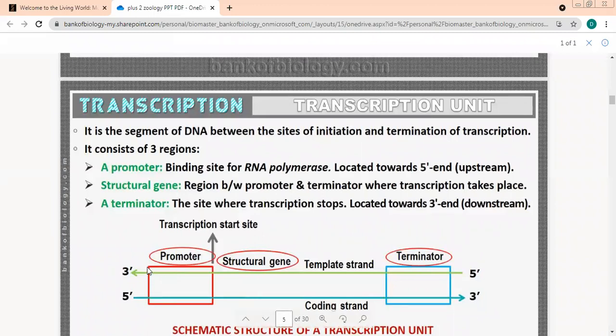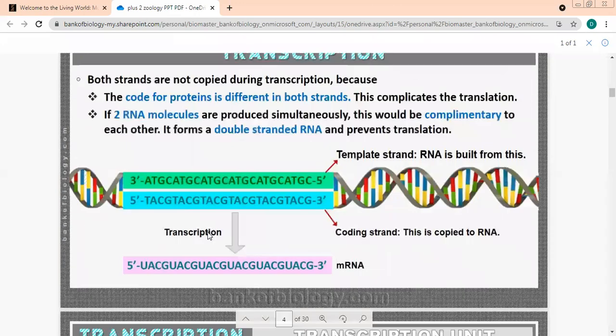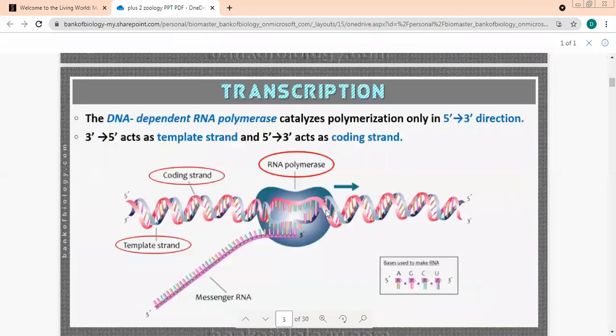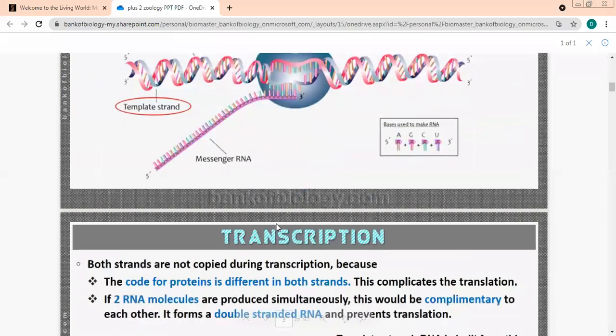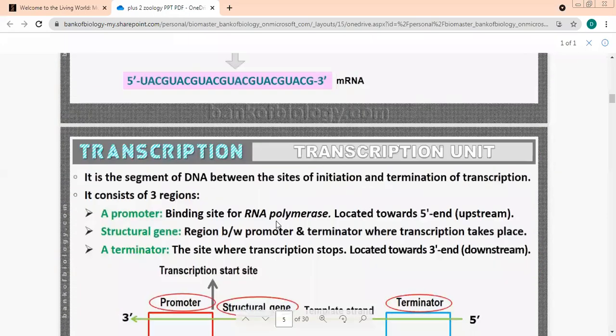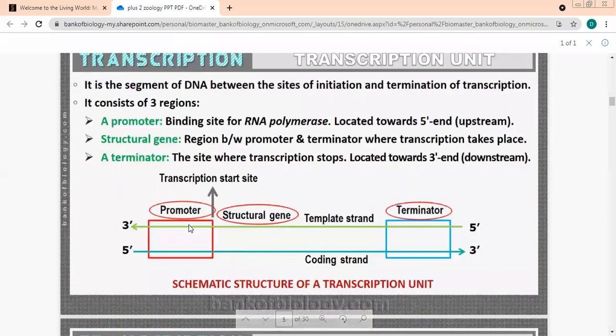Promoter. The entire region is called promoter. The enzyme I talked about in the beginning, RNA polymerase, has to come and bind somewhere first of all. So this part is going to act as a site where this enzyme is going to bind.